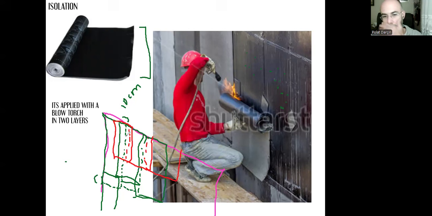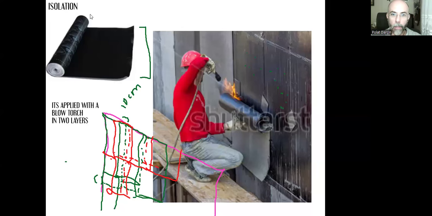As you notice, the joint of the one on the top, in the lower side, will be in the middle part of the one on the top. And here, these joints will be at the middle of the lower one. So it will go like this. And I will be covering the whole surface with 2 layers of bitumen.